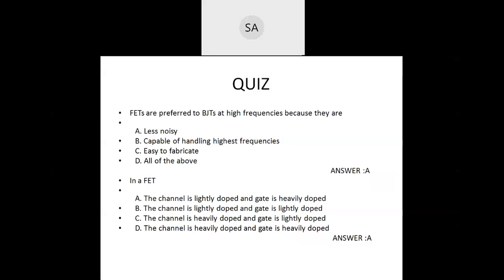In a FET, the channel is lightly doped and the gate is heavily doped; or the channel is heavily doped and the gate is lightly doped; or both are heavily doped.